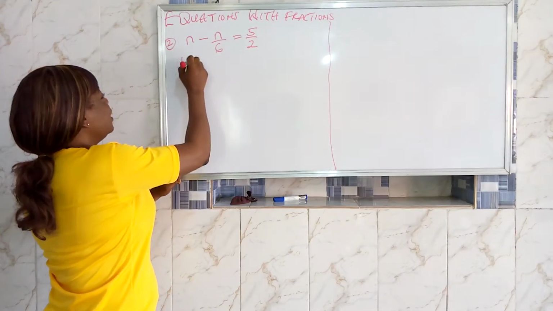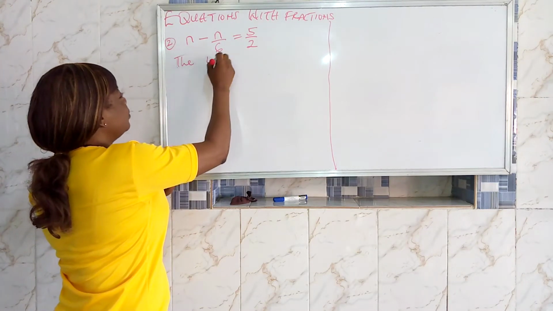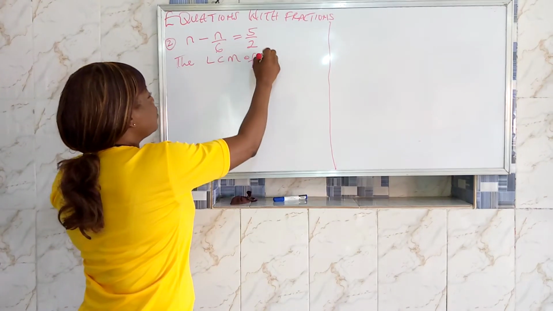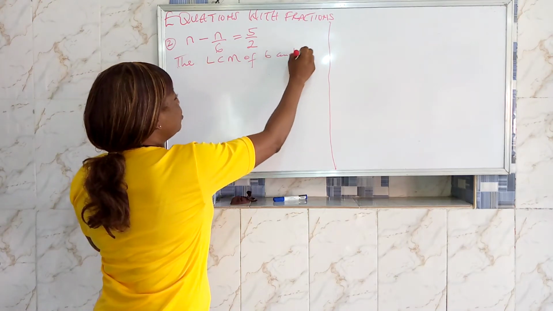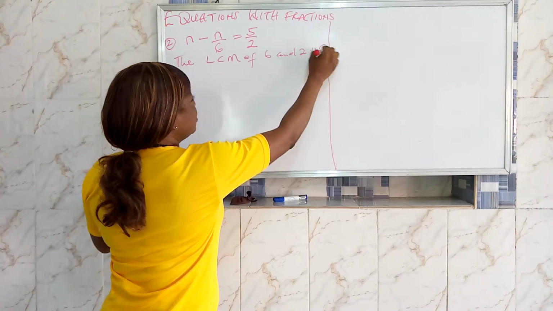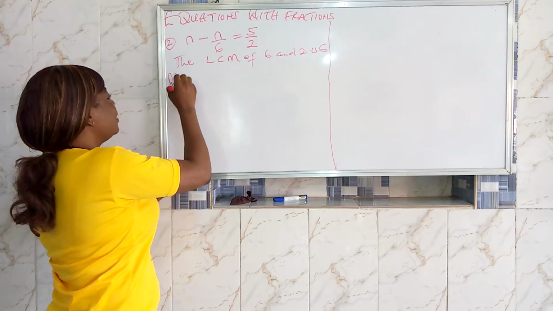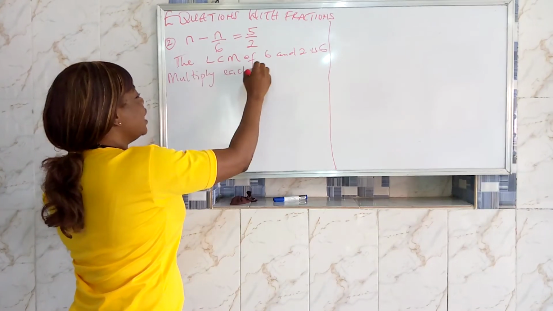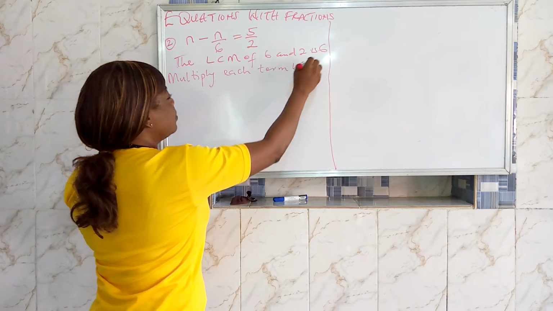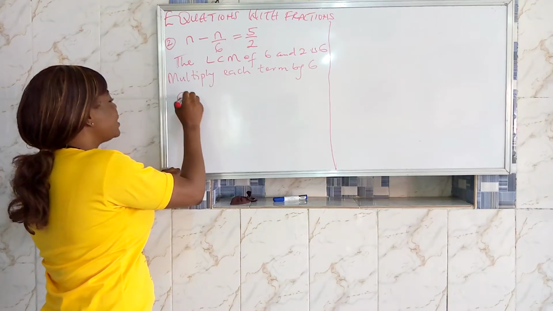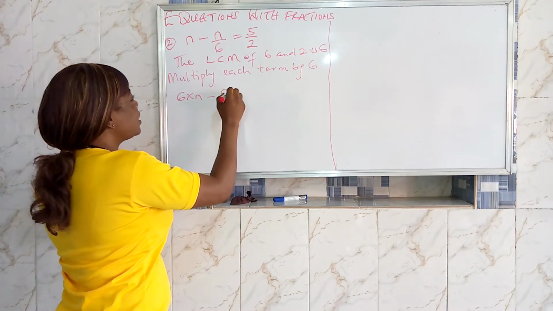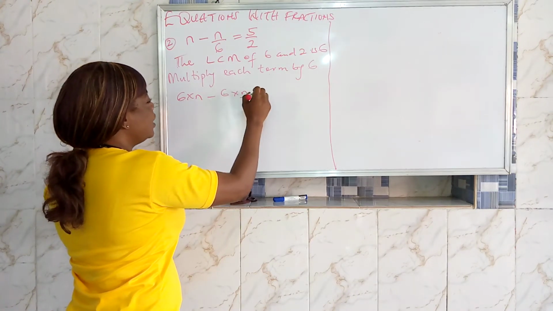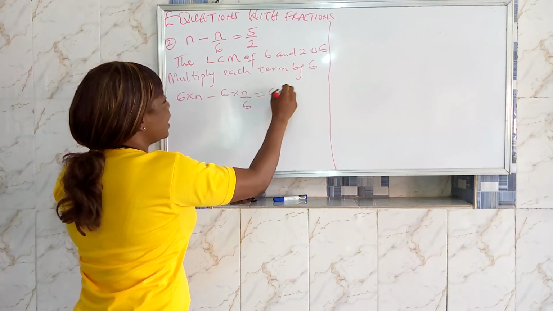So I'll say the LCM of 6 and 2 is 6. So now I'm going to multiply each term by what? By 6. So I will have 6 times n minus 6 times n over 6 equals 6 times 5 over 2.